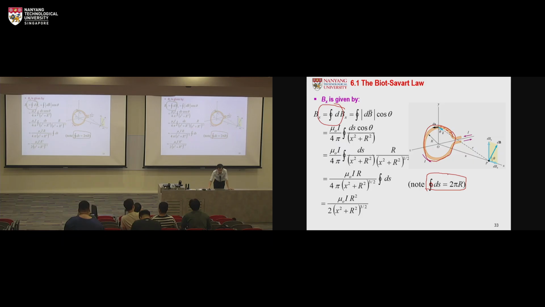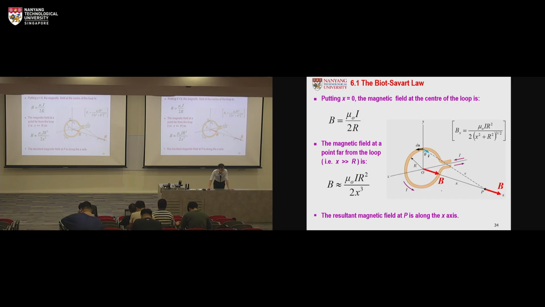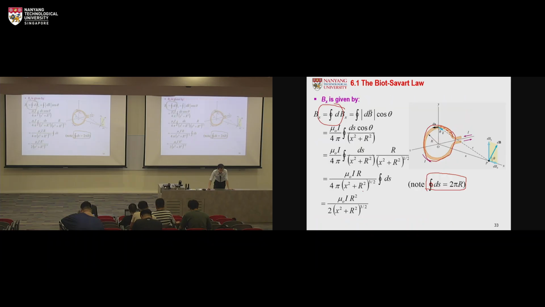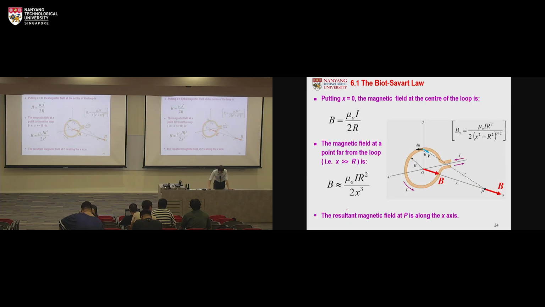No, here it is just ds, not vector ds. And based on this result, of course, you can look at some special scenarios. That is, if you make this x to be 0, that is, at the center of the loop, you can find this one.